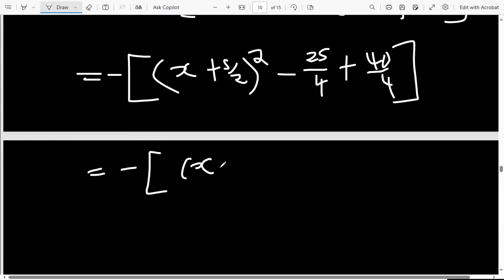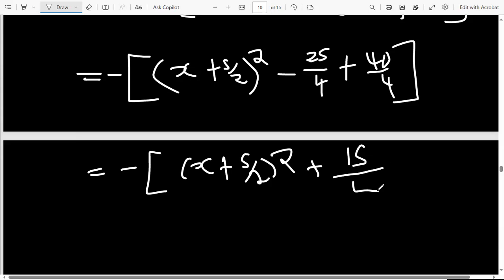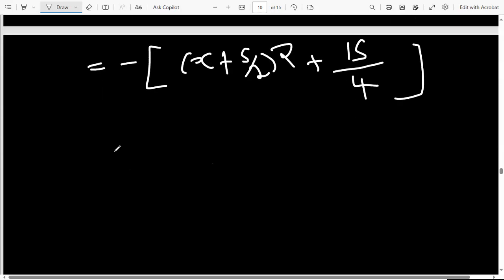So this will be x plus 5 over 2 squared, then minus, okay? Is it plus now? I think it will be plus because the 40 is big. So it will be minus 25 plus 40, which will just be 15. And then they will be over 4. Close the bracket. Okay, and then now you can multiply with your negative here.